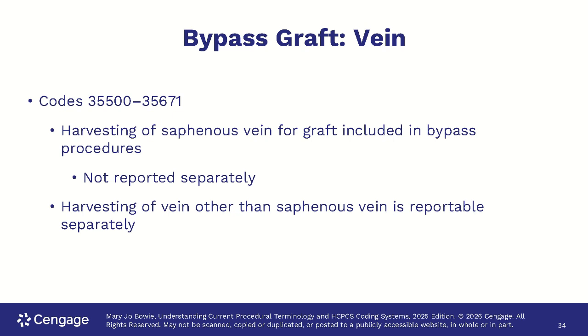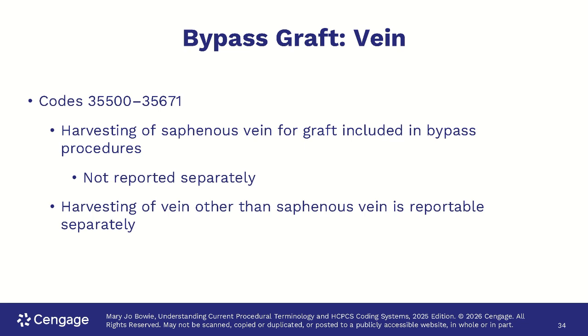All right, bypass graft, vein. So, these are codes that are organized according to the location of the vein graft anastomosis. So remember I talked about with the CABG procedure, how the harvesting or procurement of a vein for a bypass graft is included.